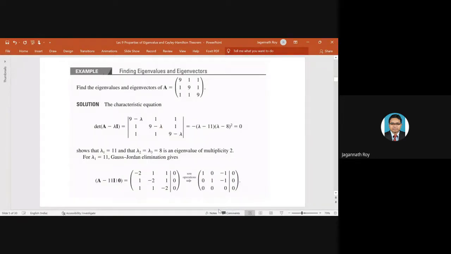For example, if you take this example, here we have lambda 1 equals 11, and lambda 2 and lambda 3 are repeated, equal to 8.